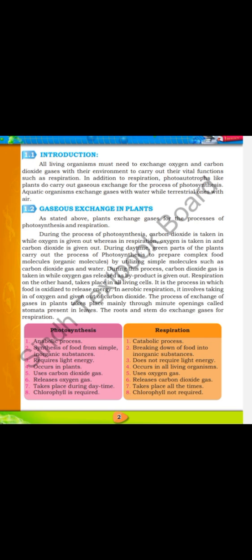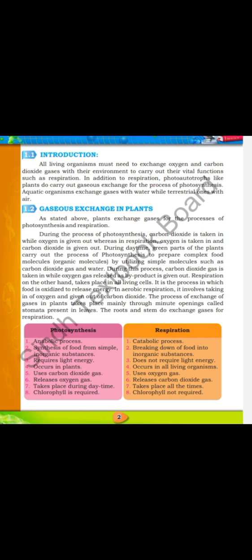Photosynthesis takes place in the daytime in the presence of sunlight and in the presence of chlorophyll, means in the green parts of plants, mainly in the leaves, and they take in carbon dioxide and water.